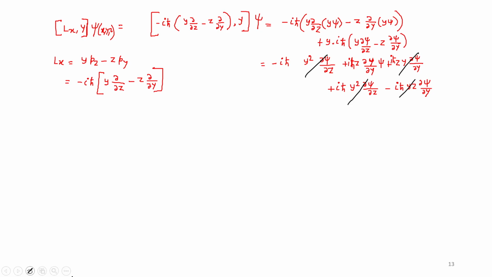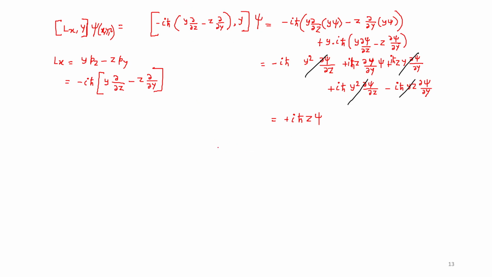So we are actually left with only one term, that is plus i h cut z psi.